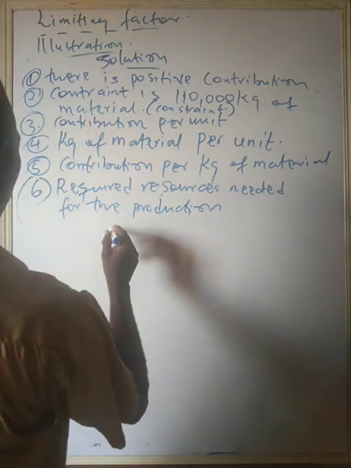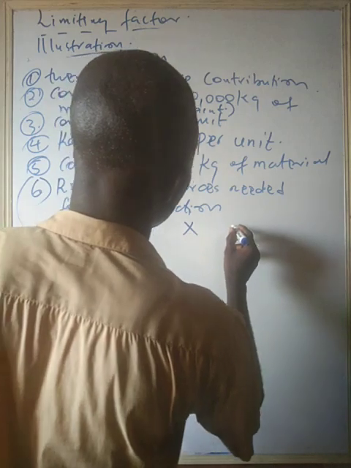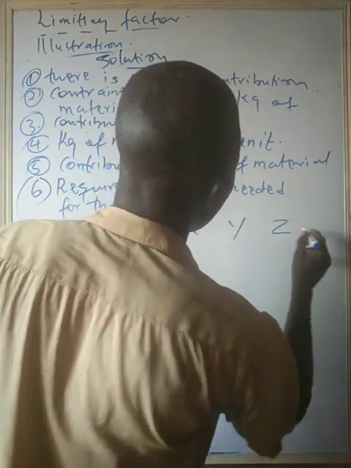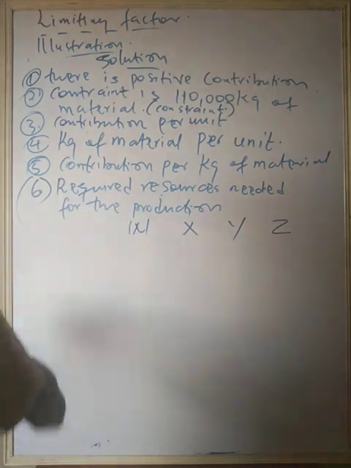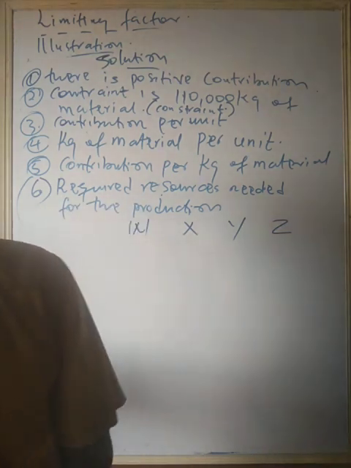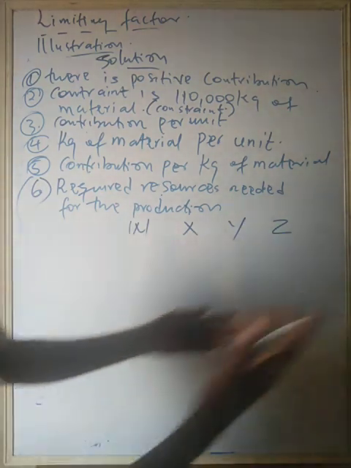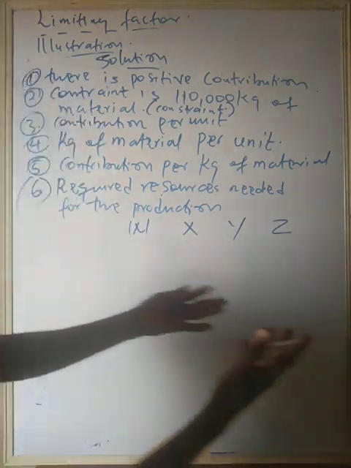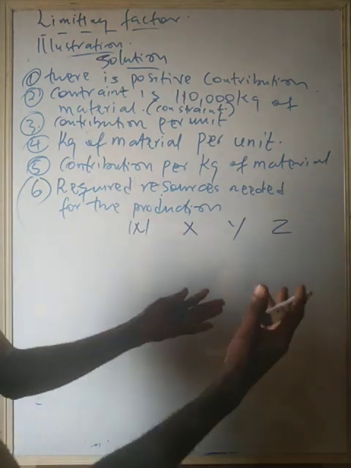You have W, you have X, you have Y, and you have Z. Look at it. What is the maximum demand in the market? According to the question, the maximum demand is, if they want to sell, that's the maximum. For each product, what is the maximum demand?